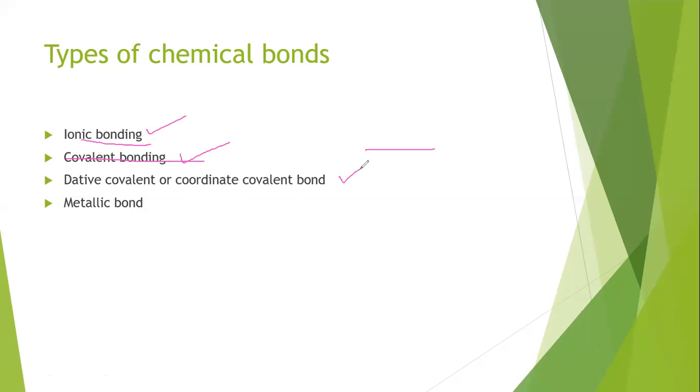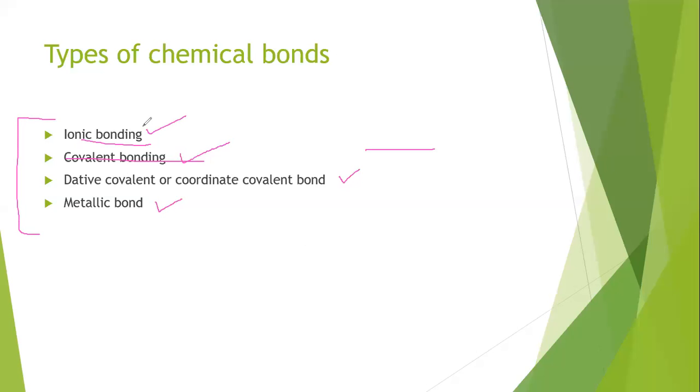In this bonding, only one atom donates a complete pair of electrons, not a single electron. And in metallic bonding, metals combine together and make a bond when there are freely moving ions and electrons in a medium. So there are 4 types of chemical bonding.